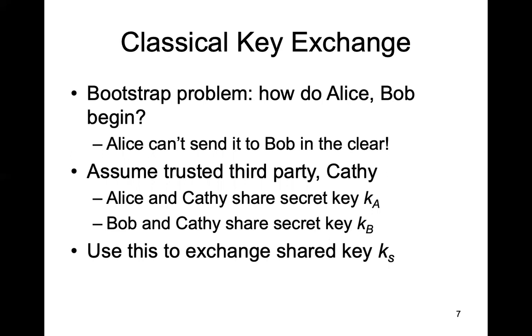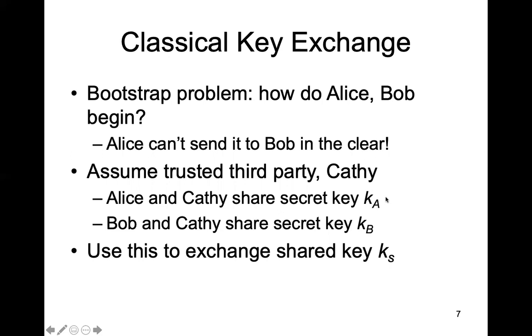So this key between Alice and Kathy, following the notation that we established so far, should be called KA,C. But because Kathy is this trusted third party, we will drop that C part and just call it KA. Whenever I refer to a key with a single subscript, KA, it means that it is between Alice and Kathy.